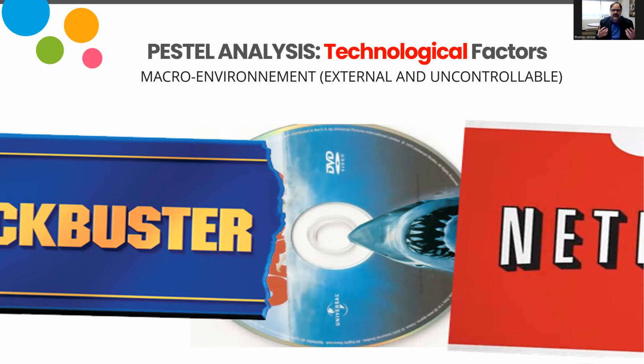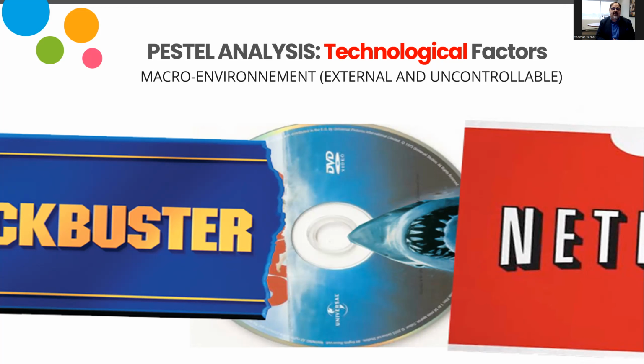Now, one could maybe not even blame Blockbuster for not seeing what would happen in a very short period of time. Within about 10 years of Wayne Huizenga having sold Blockbuster for billions of dollars, Blockbuster was bankrupt. Why?